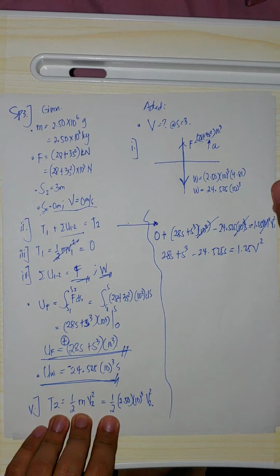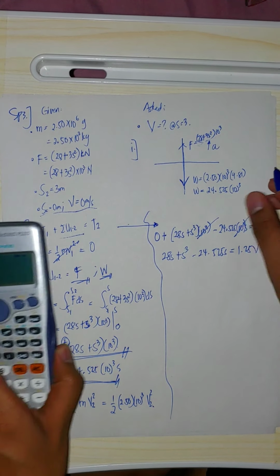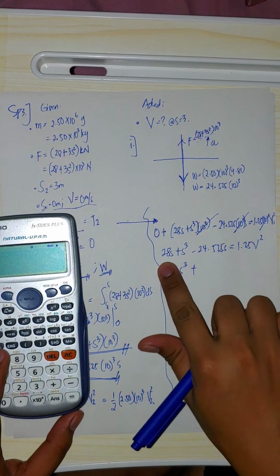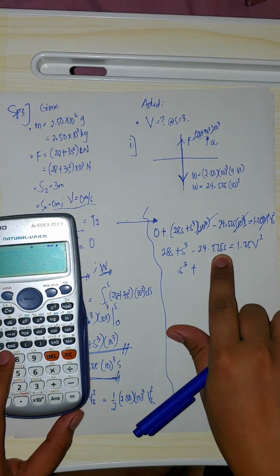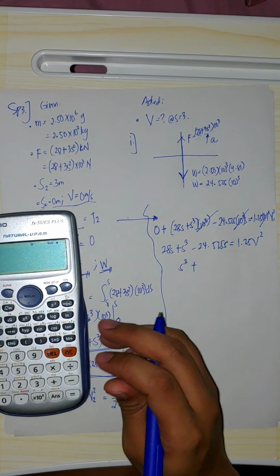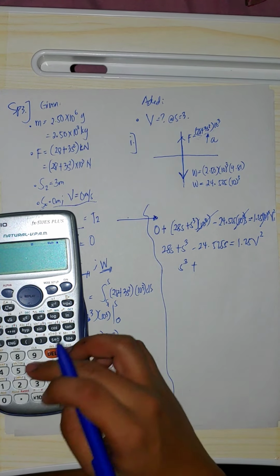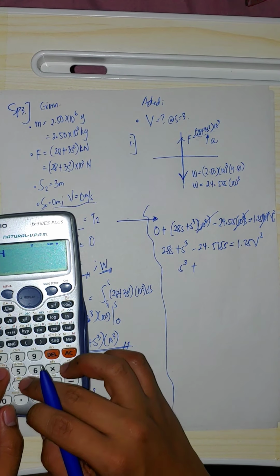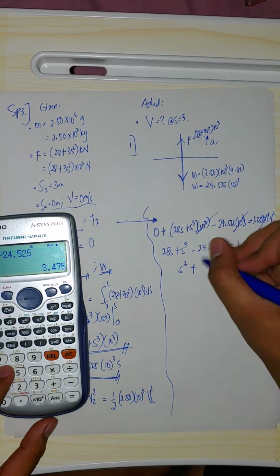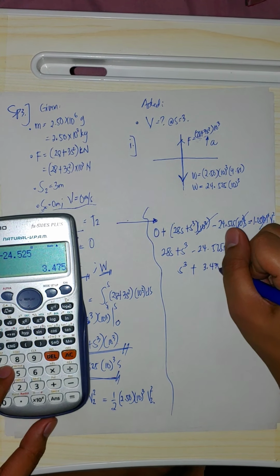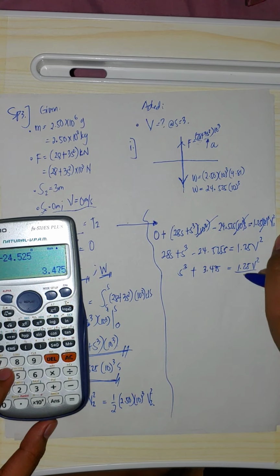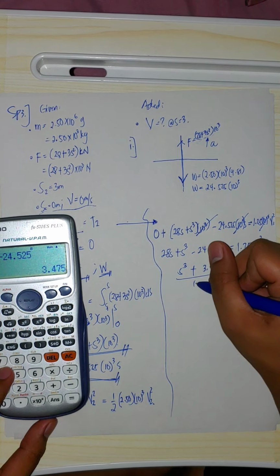Let us simplify further. We will have s cubed plus 28s minus 24.525s. These can be subtracted because they have the same literal coefficient. So we have 28 minus 24.525, that is equal to 3.475, which equals 1.25 v squared. So we divide by 1.25 on the whole equation.